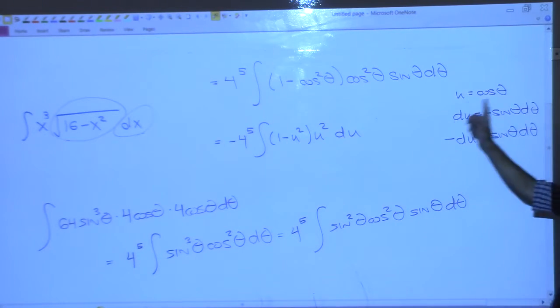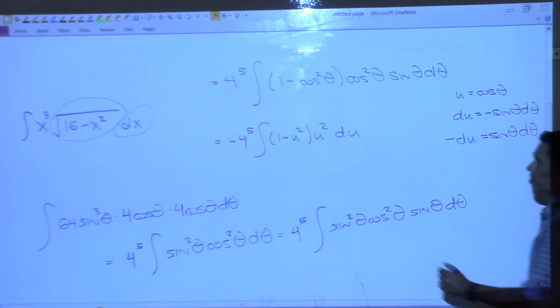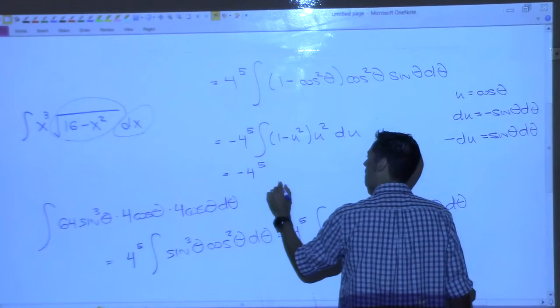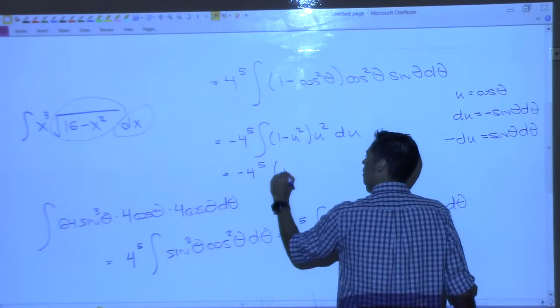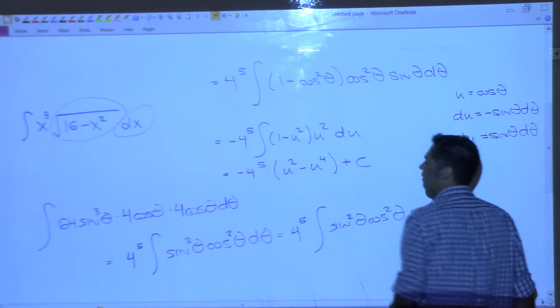So replacing all my cosines with u, my sine theta d theta with negative du, pop the negative to the outside, distribute. U squared minus u to the 4th plus c.